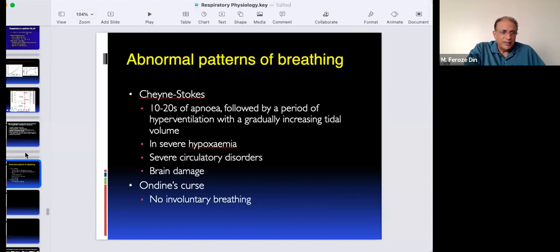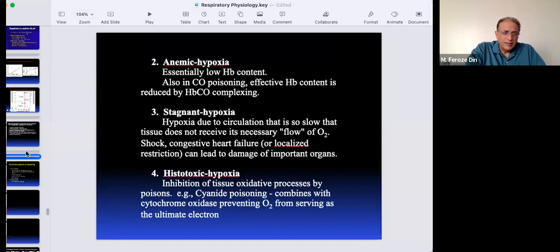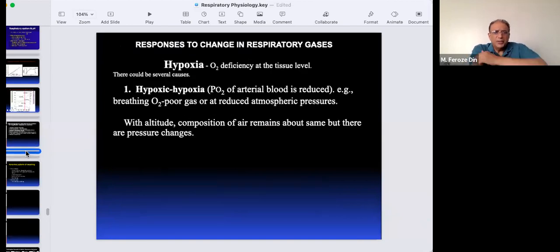Okay, in fact, let me just move to the next slide. I can quickly mention to you that this is pathophysiology, but I just mentioned briefly that since oxygen is the most required chemical by our body, anything that causes less amount of oxygen, there are various types of hypoxias that we talk about, where hypoxia is regarded as oxygen deficiency at the tissue level.